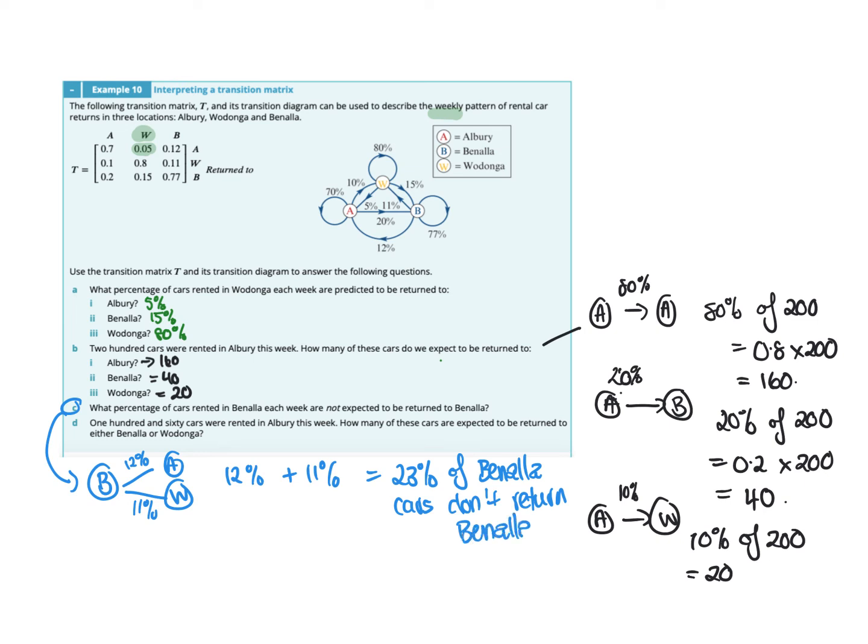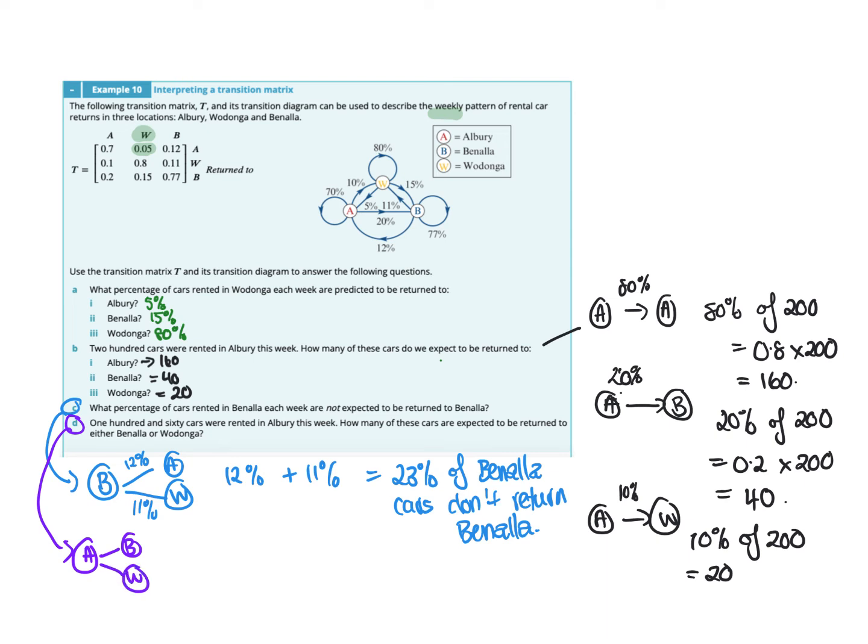Okay. And then this last question here, 160 cars are rented in Albury this week. How many of these cars are expected to be returned to either Benalla or Wodonga? So we want Albury, and we want them to go to Benalla or Wodonga.